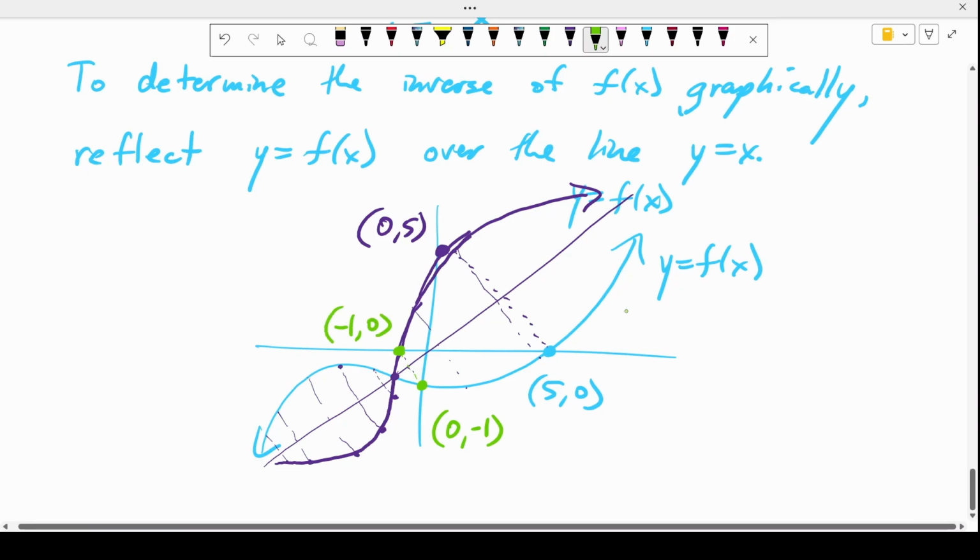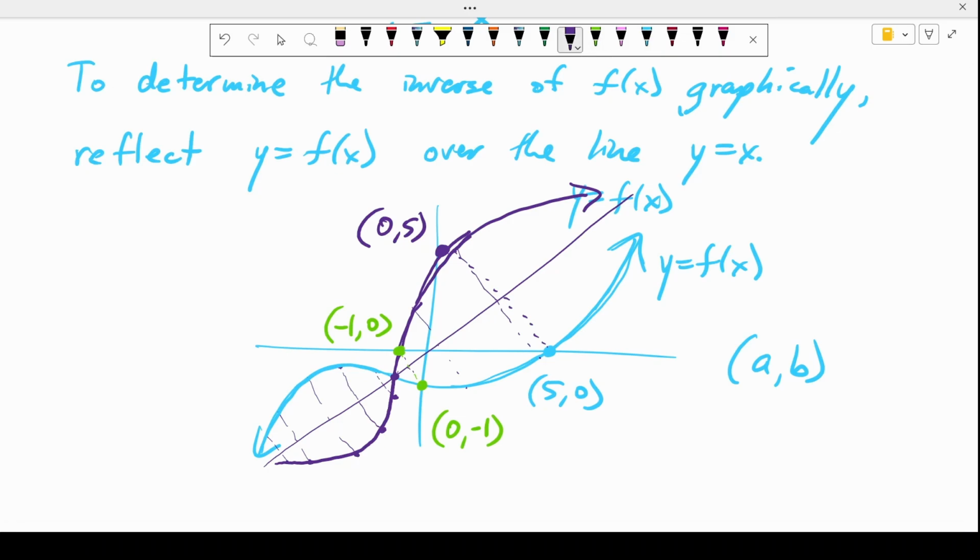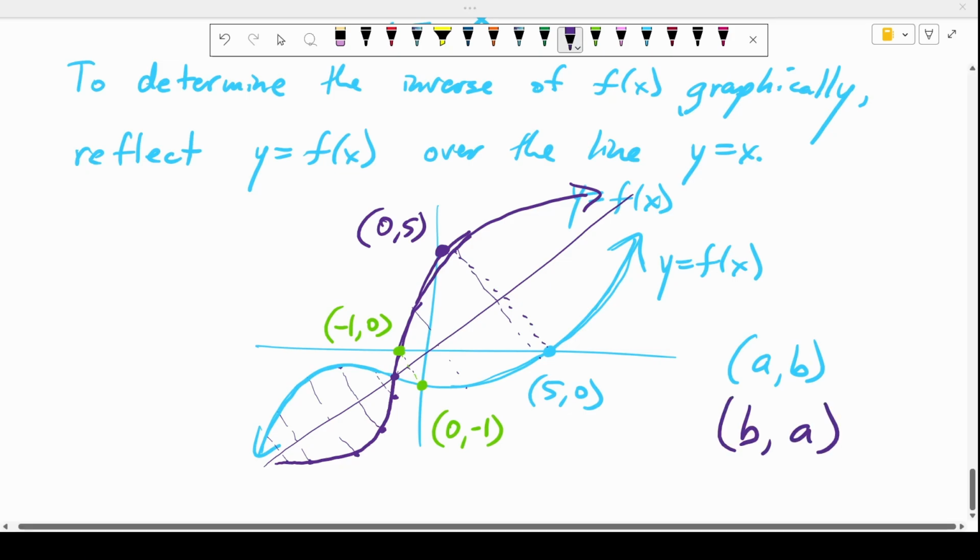In fact, every point on my y equals f of x, any arbitrary point, let's say (a, b), if that point is on the light blue graph, then on the purple inverse, I'm going to get (b, a). They're going to switch. So in summary, we really have these three properties. Algebraically, we can find the inverse by so-called switching x and y and solving for y.